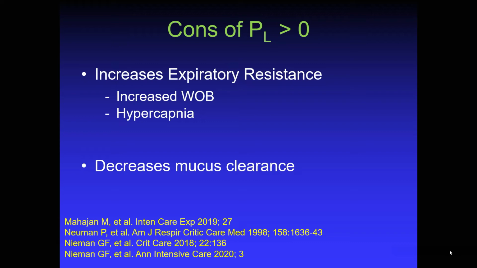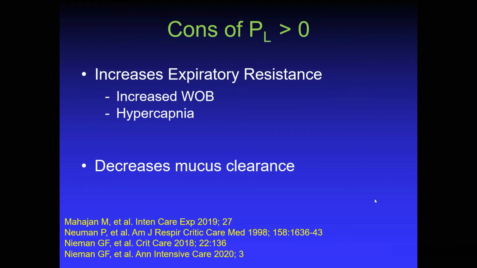And there does seem to be a downside to setting a higher P low in regards to it compromising the releases, with increased work of breathing and relative hypercapnia, increased PCO2, as well as decreased mucus clearance being observed. So there is some resistance, and you don't get as effective of releases if you set a P low of 5 or 3, or certainly something higher than that.